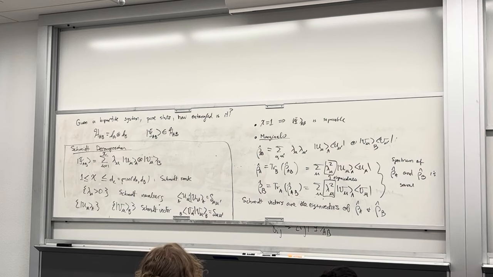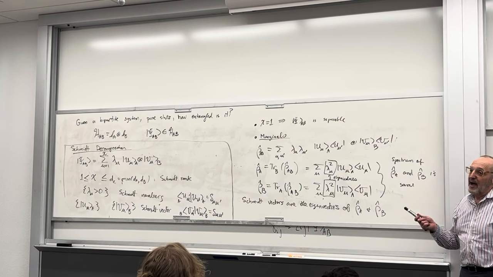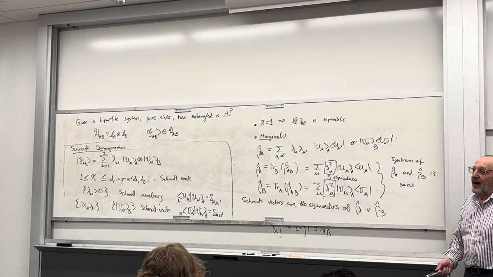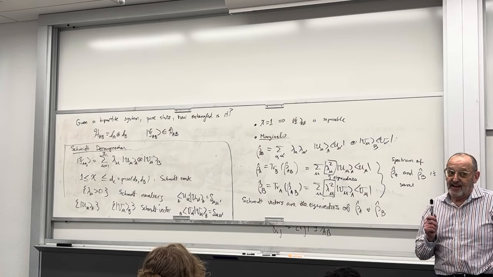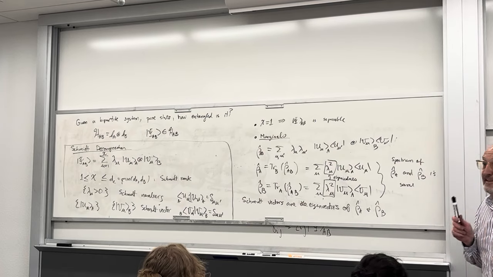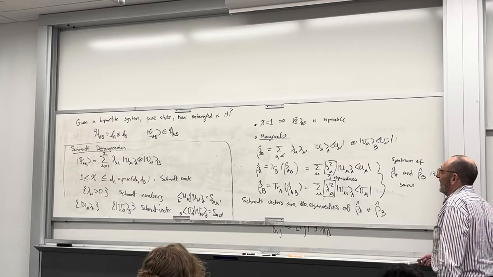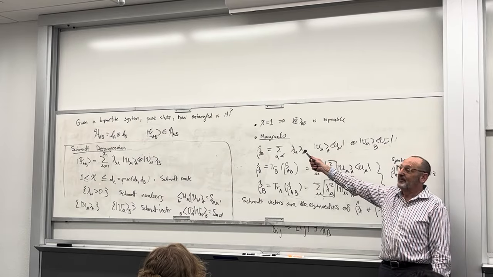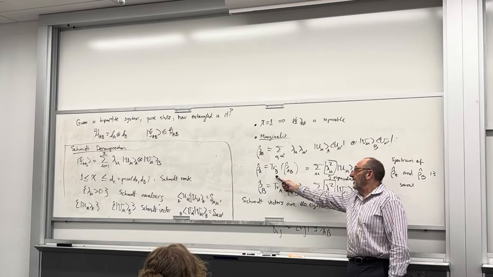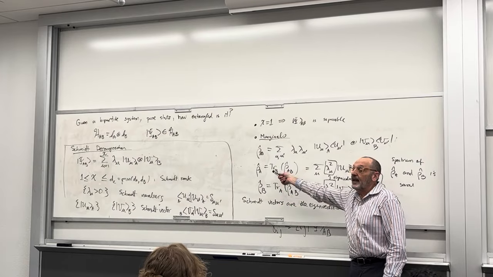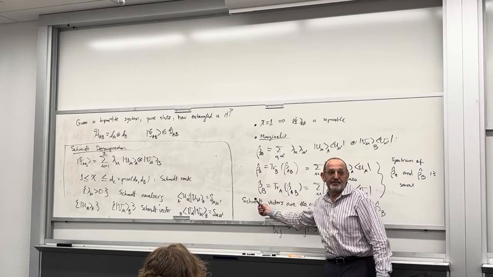So one way I can think about finding, at least getting a good way towards the Schmidt decomposition, is that I take the state, I take the partial trace, and I diagonalize the two matrices.